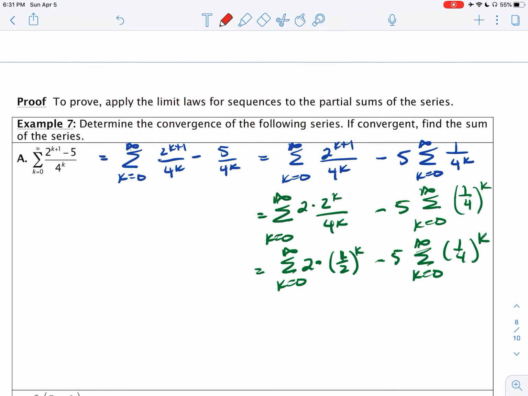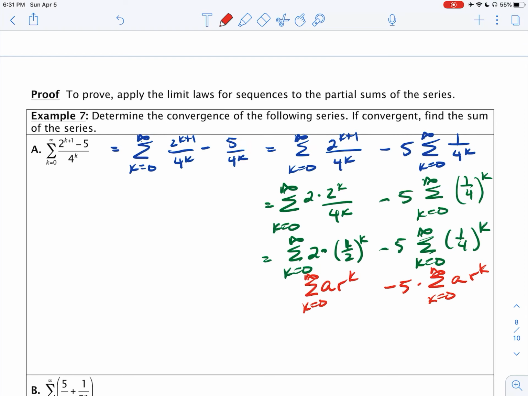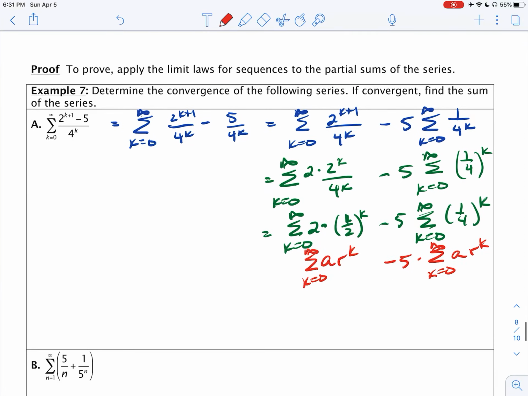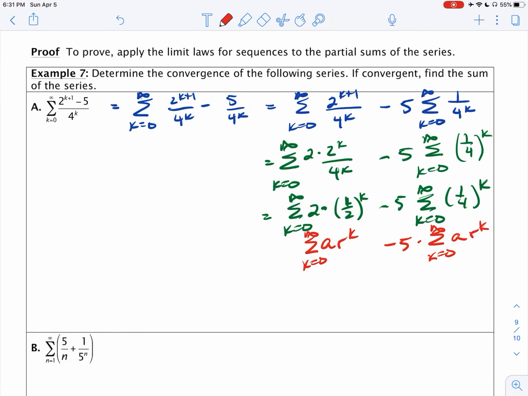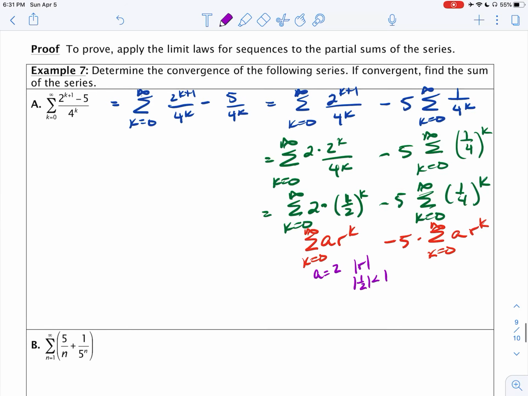Both of these are of the form a times r to the k from k equals 0 to infinity, minus 5 times a times r to the k from k equals 0 to infinity. And I see here from the geometric series that both of them are convergent, because I see in this case a is equal to 2, and the absolute value of r is equal to the absolute value of 1/2, which is less than 1.